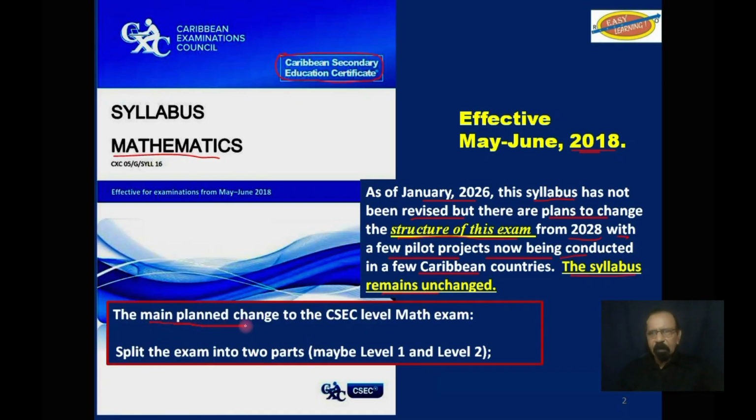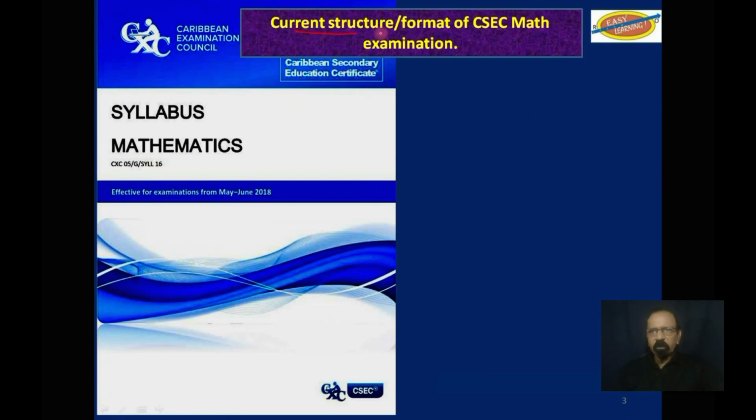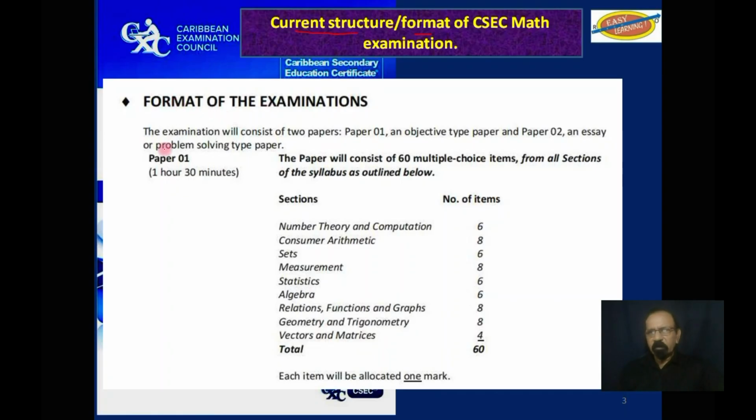The main planned change to the CSEC level math examination is to split the exam into two parts. The current structure, or the format of this exam, has a paper 1 for 1 hour and 30 minutes, which is made up of 60 multiple choice questions from all sections of the syllabus as outlined below.